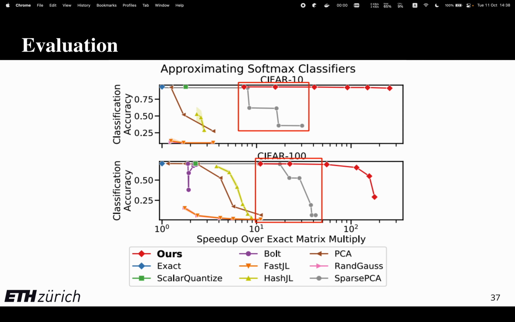Although they are very good, compared to the red dots, which are the results of this paper, they're still quite slow. Because the x-axis is on a log scale, the results from this paper can really achieve 100x speedup without much performance degradation.